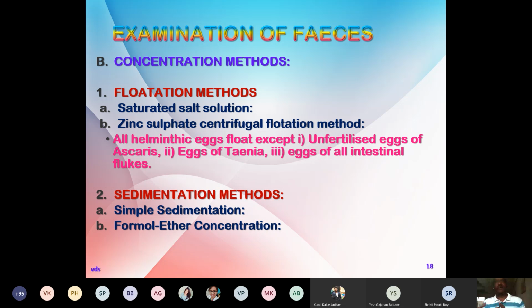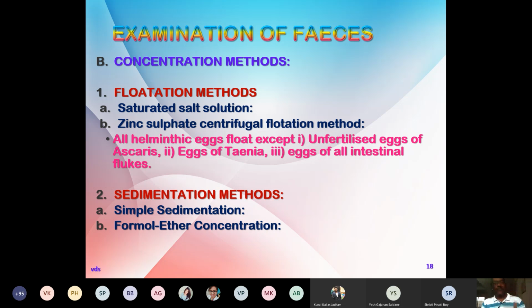This type of mixing and straining was done 4 to 5 times so that we get a clear suspension, and then it was centrifuged. Now, this was a very crude method in which the eggs were not properly concentrated.